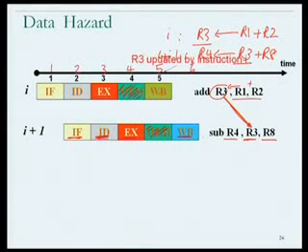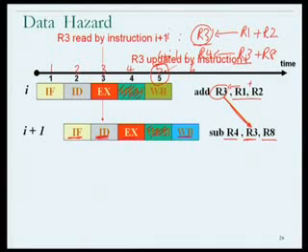So what's the problem? The problem is that if we look at the point in time at which R3 is updated by instruction I, in other words, when does the value of R3 become updated due to the activity of instruction I, we notice that that happens in cycle number 5, in the write back stage. On the other hand, when does instruction I plus 1 read the value from R3? We know that that happens in cycle number 3.